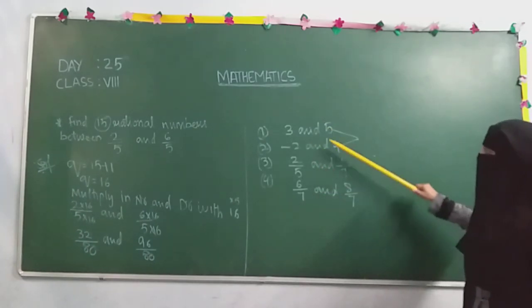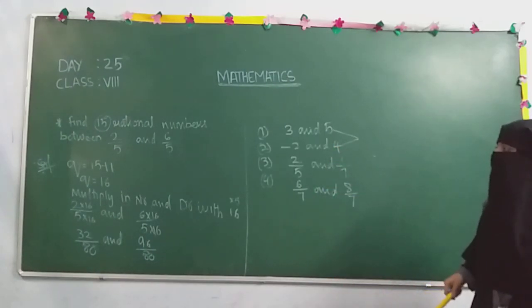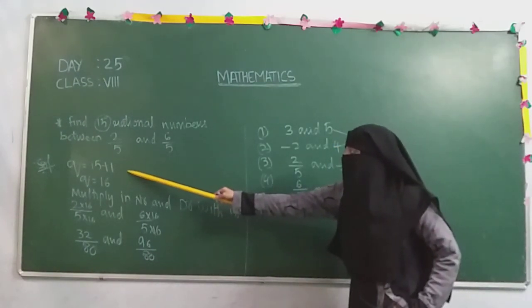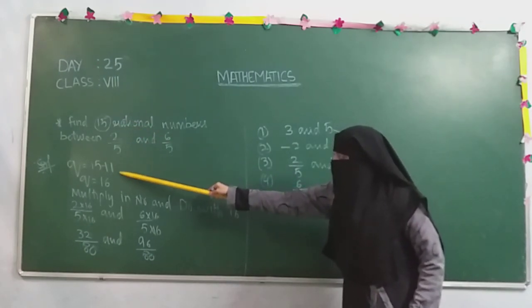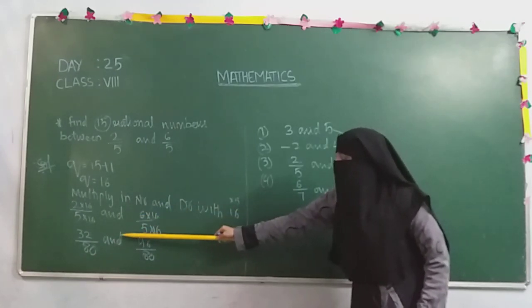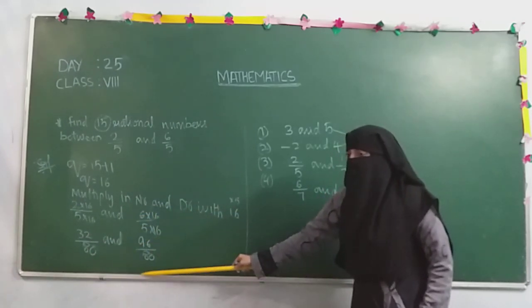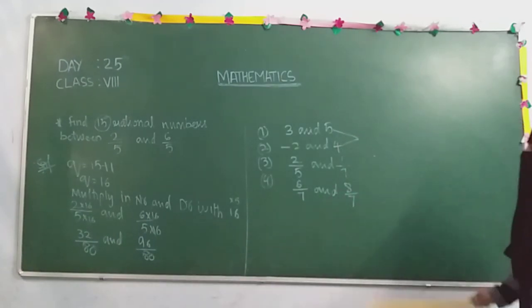So these problems have the same method. First we note how many rational numbers are asked in the question, and to that we add 1. After that we multiply the numerator and denominator. Then we will get these numbers. Between them, whatever numbers come, we write. That is your answer.